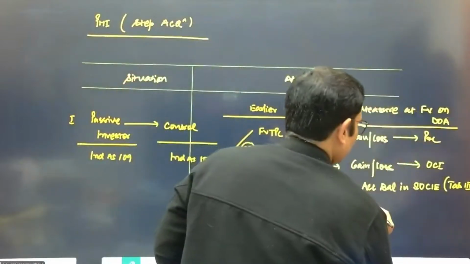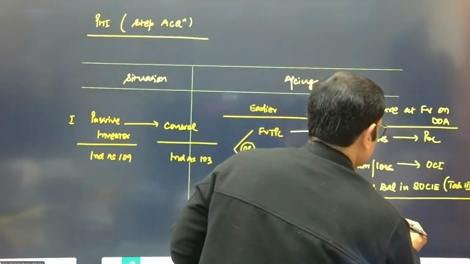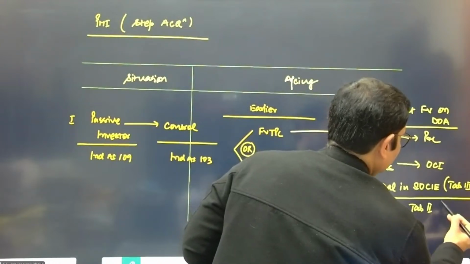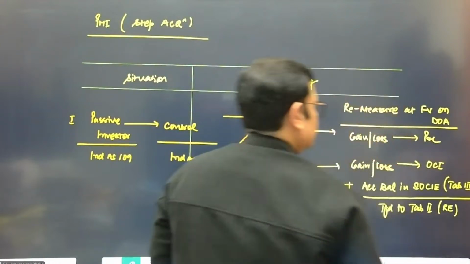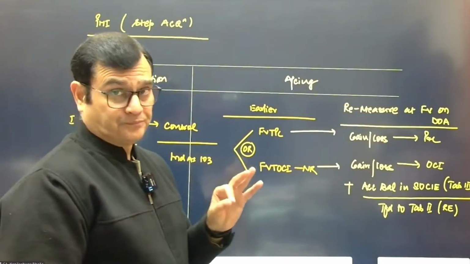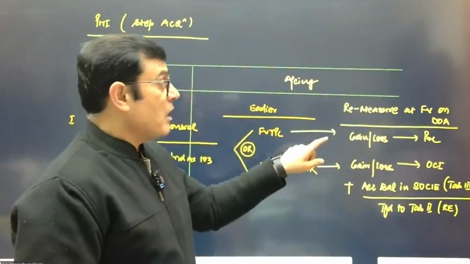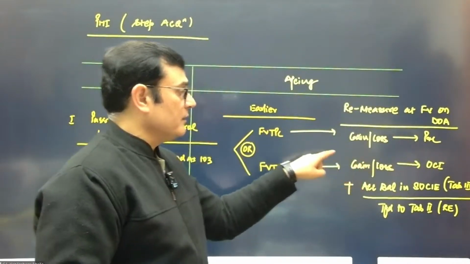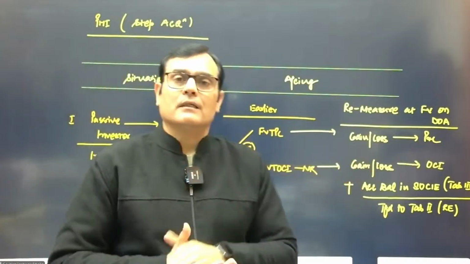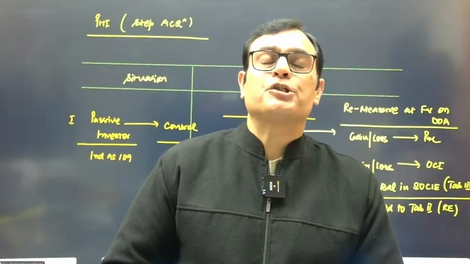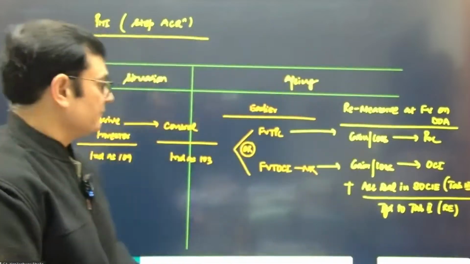So the accumulated balance in SOCI tab 3 is going to be transferred to tab 2, which is retained earnings, since the investment is now being shifted to another standard. So the gain or loss goes in the OCI, and an additional step is that the accumulated balance in tab 3 is shifted to tab number 2 as well.